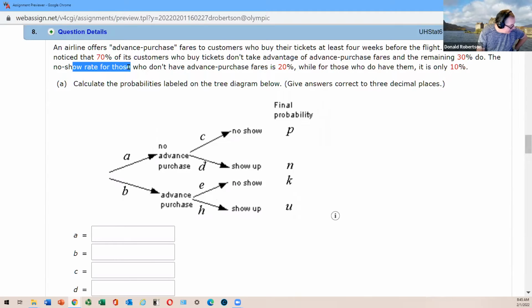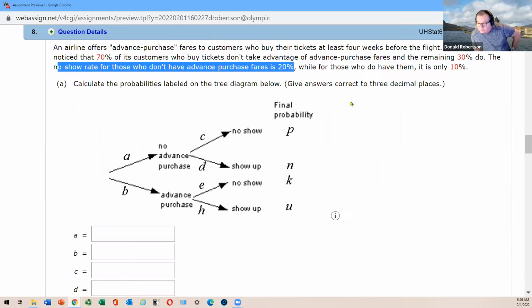The no-show rate is the second event. The no-show rate for those who don't get one of these purchases is 20%. You might think that's weird, that people buy airline tickets and don't turn up, but actually that's not as uncommon as you would think.